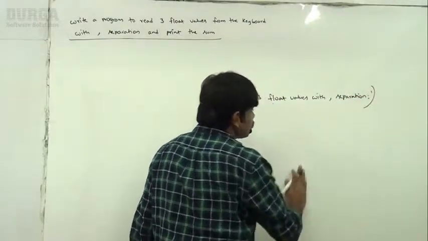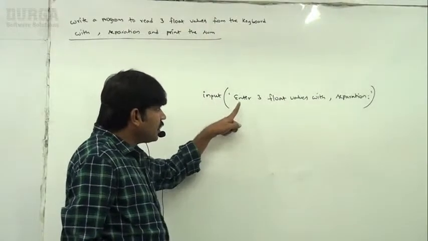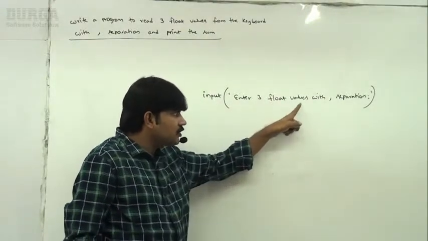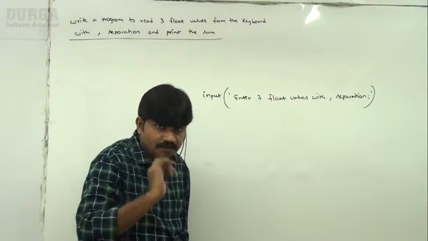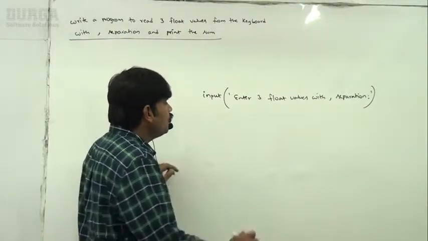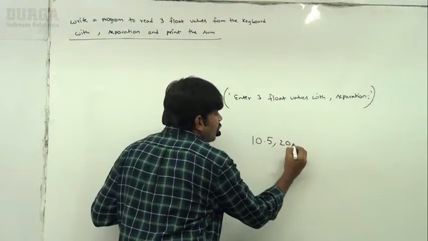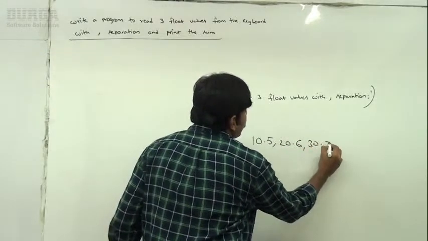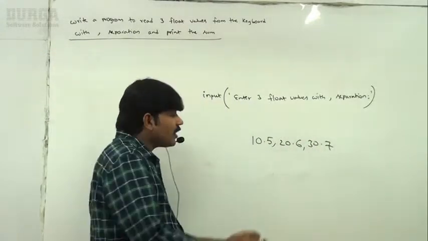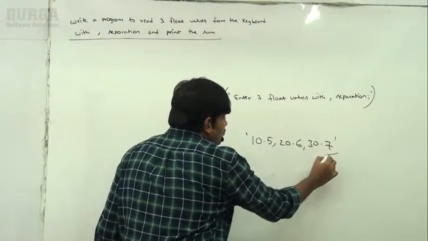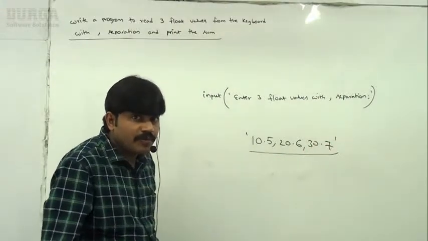Like this I am asking. Sir, you are going to provide 10.5 comma 20.6 comma 30.7. This total thing is available in a single string, because how many input functions am I using?